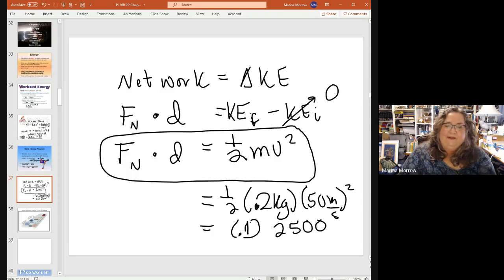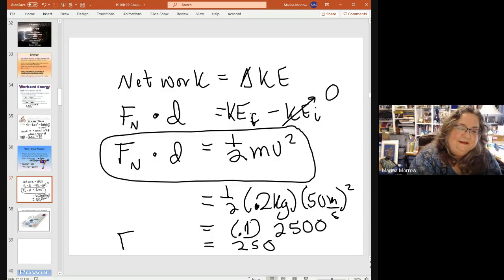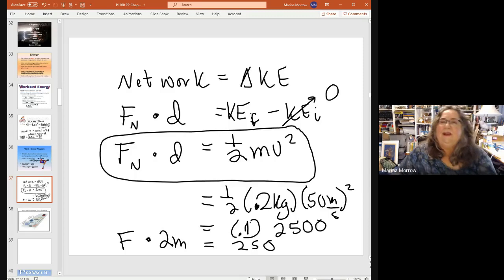Okay, so now we've got 250 is equal to the force times the distance. The force is what we want to find. The distance we already know is 2 meters. That's how far he reached his arm back and then stretched it forward. Okay, so now we can solve for our force.